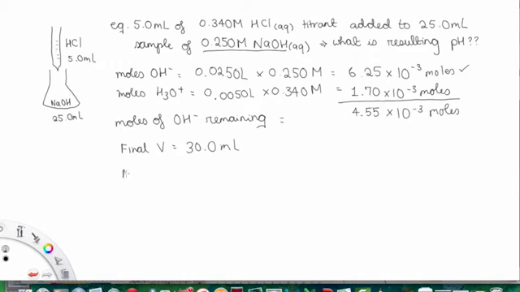So now we can figure out the molarity of the OH minus ions that are remaining. So this is going to be the moles of OH remaining over the final volume.